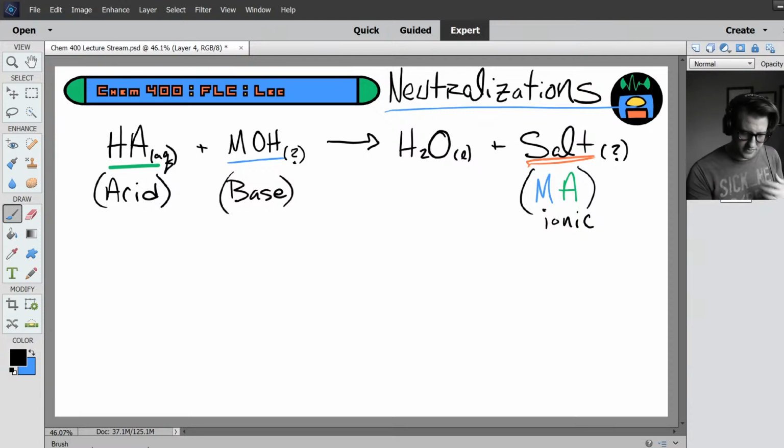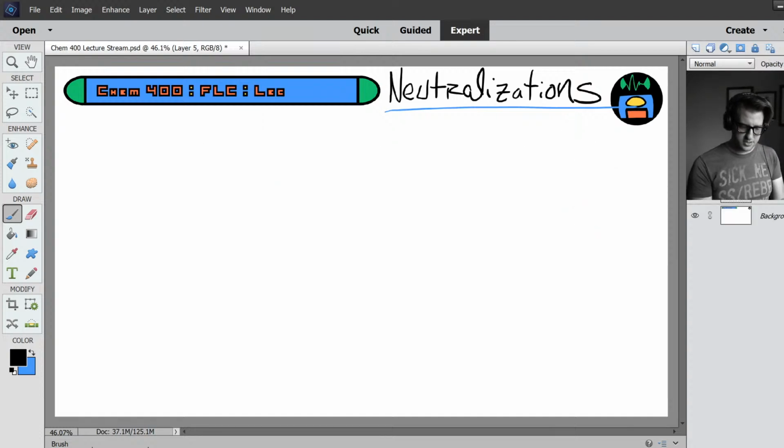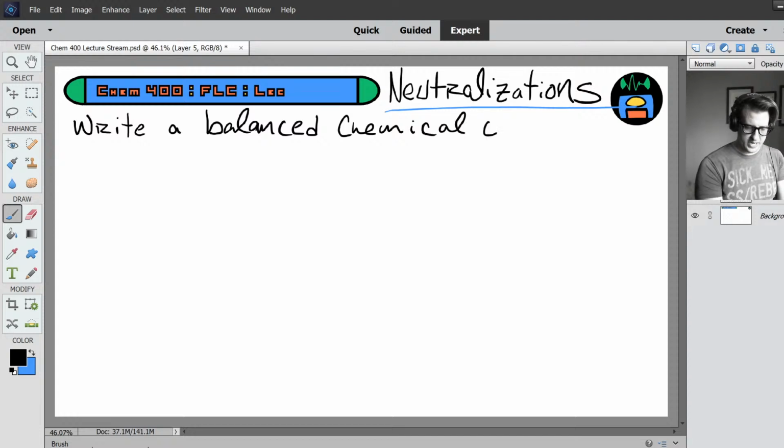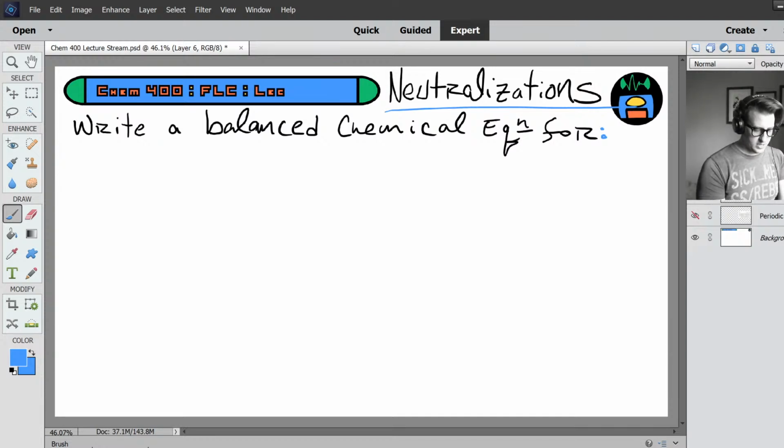do a couple of examples to kind of get our feet wet for these neutralization reactions. So let's write a balanced chemical equation for the reaction between, for example, let's do chlorous acid.